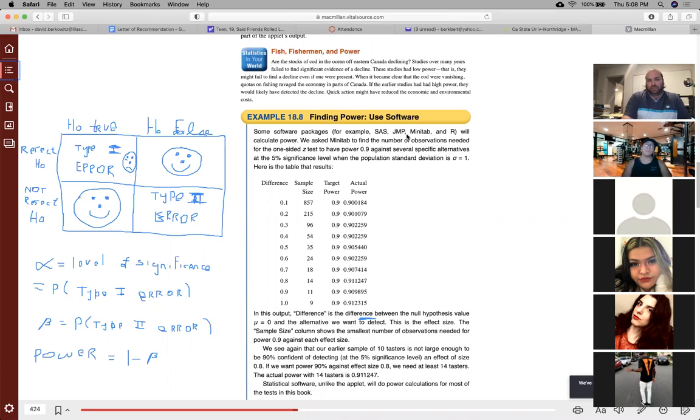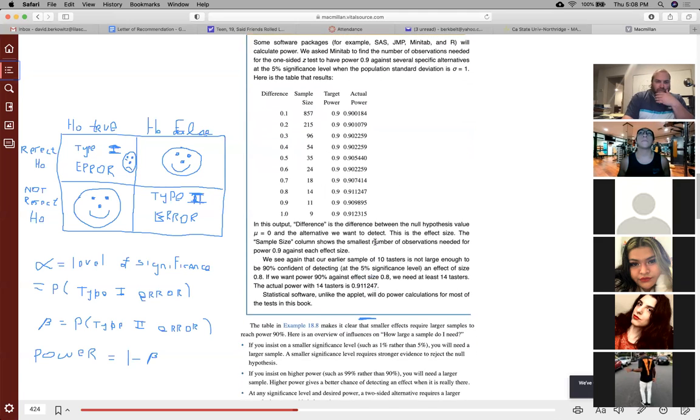We asked Minitab, which is another program, to find the number of observations needed for the one-sided z-test to have power 0.9 against specific alternatives at the 5% significance level. In other words, actually, you know what? Never mind this question. This one is more complicated than I was expecting.